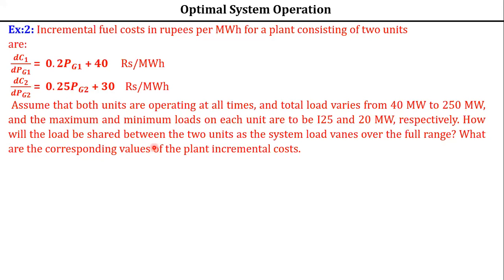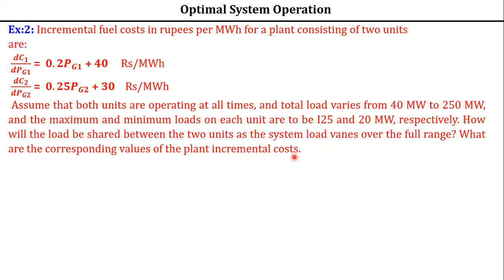How will the load be shared between the 2 units as the system load varies over the full range? That means when the system load varies up to 250 megawatts, how will this load be shared by these 2 units? And what are the corresponding values of the plant incremental fuel costs?